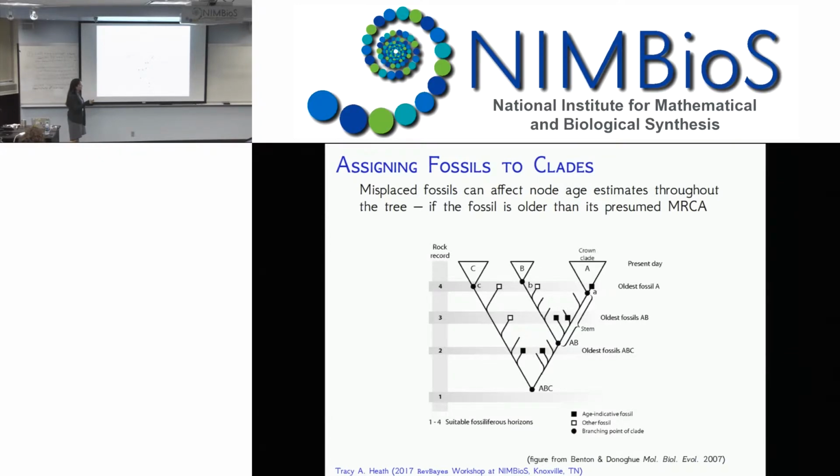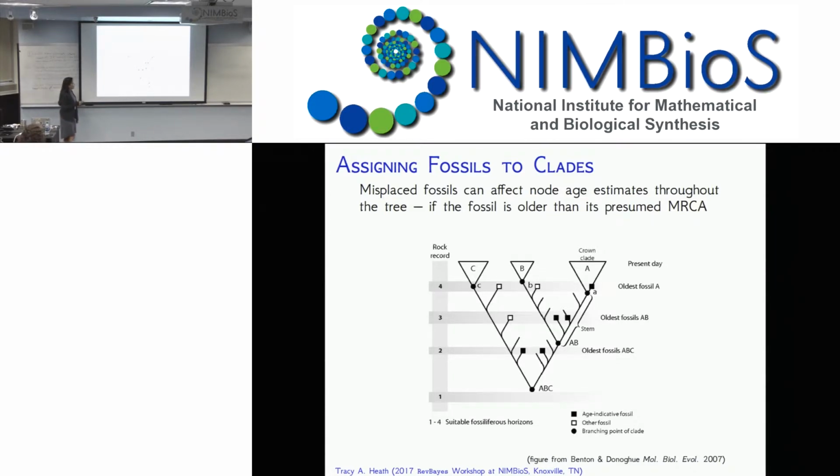If we had a crown fossil, which is represented by this square, which I think is a little a, then this is a crown fossil, and we can use this fossil, which is the descendant of the most recent common ancestor of crown clade A, to impose a time calibration on that node, where we can say the ancestral node A cannot be younger than this square fossil. So ideally, this is how we should be applying these types of approaches.